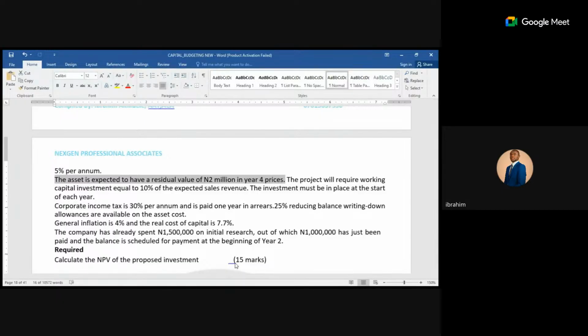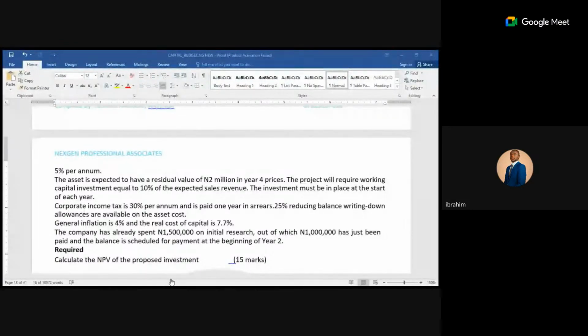Class, based on the questions I've solved under capital budgeting or investment appraisal, they may still give you this residual value in real terms, because they want to test whether you will inflate it. But now it's given in year 4 prices, meaning they've already considered inflation on it.